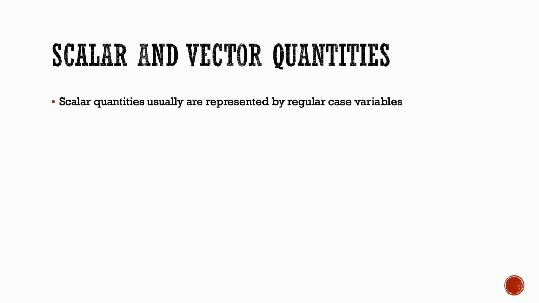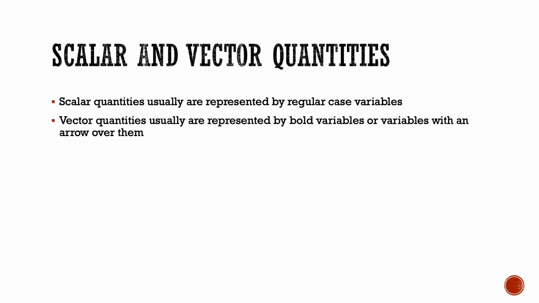Now, in our textbook, scalar quantities are usually represented by regular case variables, while vector quantities are represented by bold variables or variables with an arrow over them.